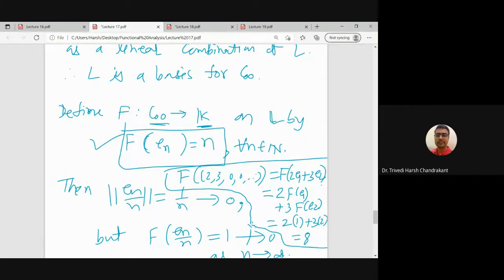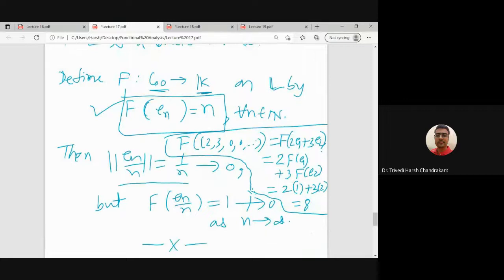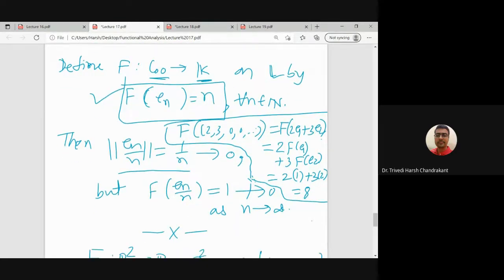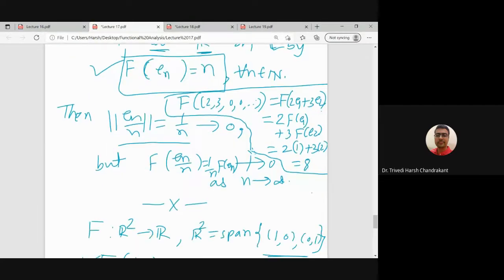The function we are defining on the basis element. And now it is more clear that whenever we define f of En is n, the norm of En by n is 1 upon n, which converges to 0. But f of En by n, let me write one more step here, that is 1 upon n times f of En, and that is 1. Which does not converge to 0.